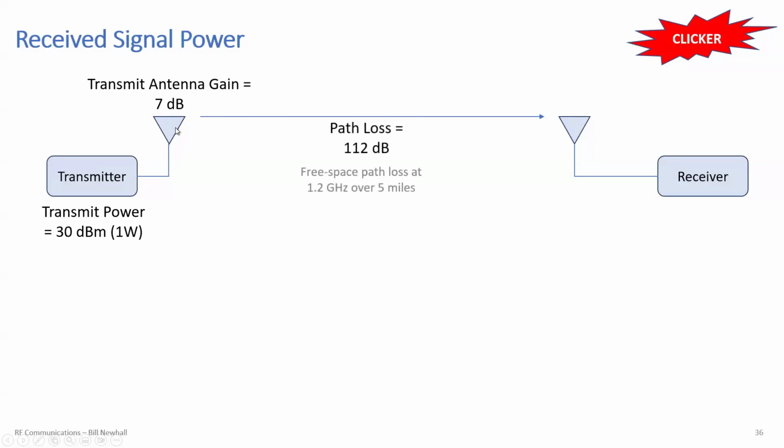And you calculate the path loss to be 112 dB. So this is equivalent to free space path loss if you were using 1.2 gigahertz center frequency over a distance of 5 miles. We're in the US, we typically estimate distance in miles. And then you have a receive antenna that has a gain of 2 dB in the direction of the transmit antenna.